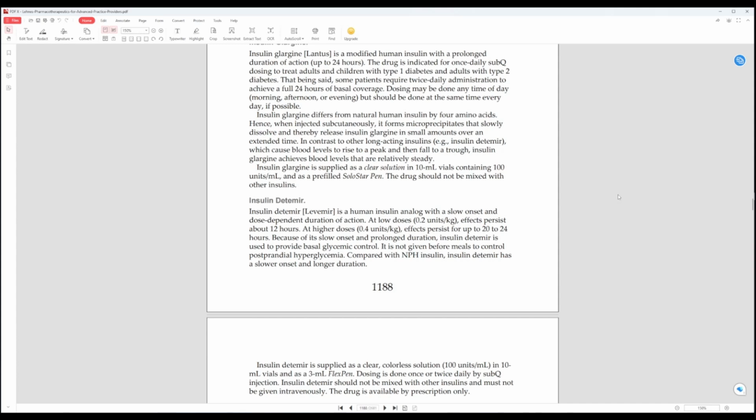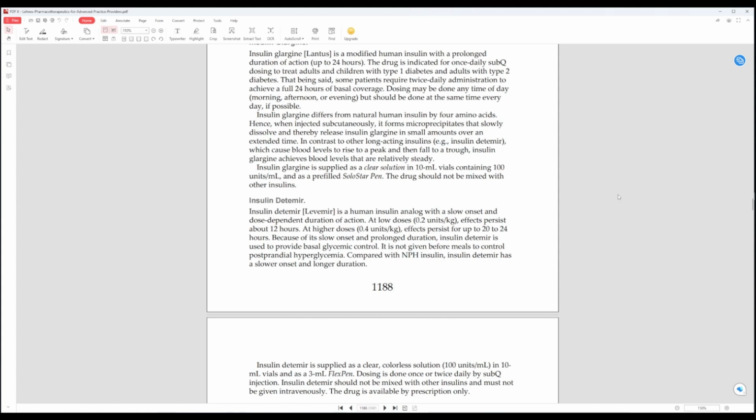Insulin glargine differs from natural human insulin by 4 amino acids. Therefore, when injected subcutaneously, it forms microprecipitates that slowly dissolve and thereby release insulin glargine in small amounts over an extended time.